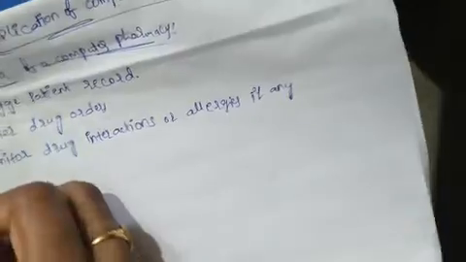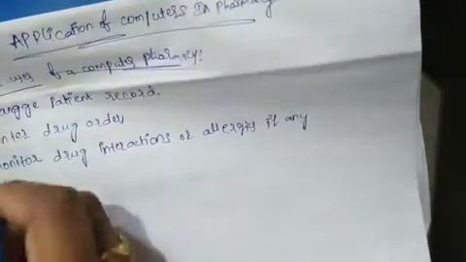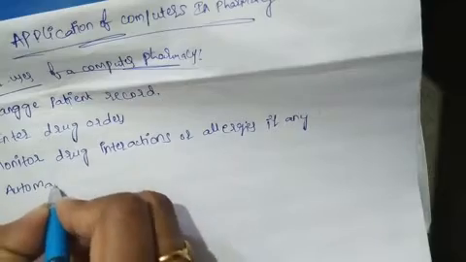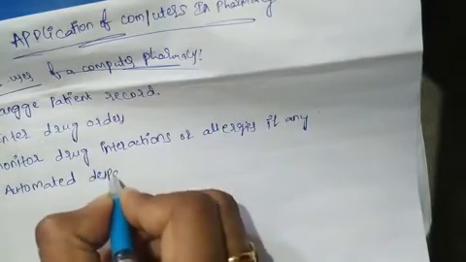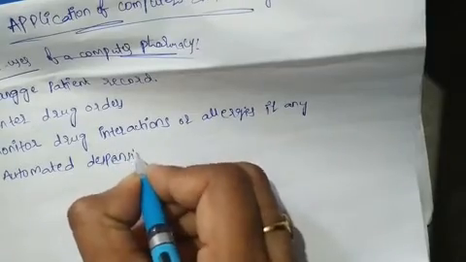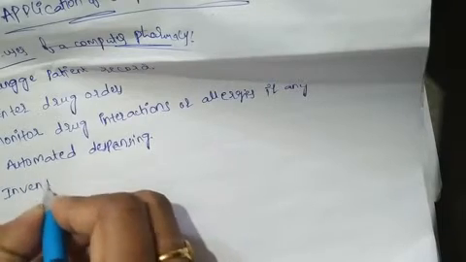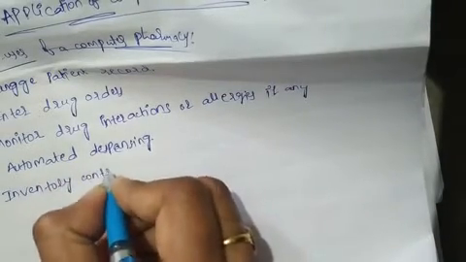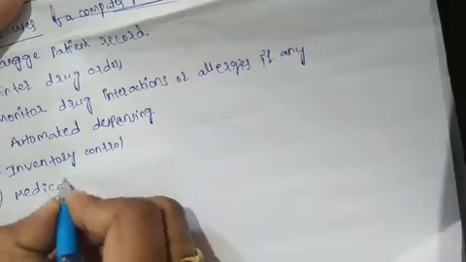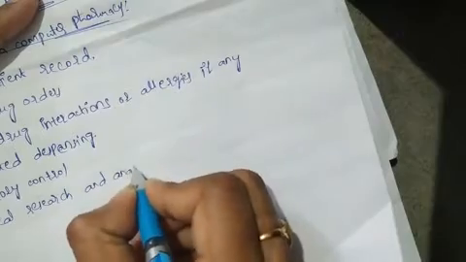Fourth is automated dispensing. Fifth is inventory control. Sixth is medical research and analysis. These are the six major uses of a computer.